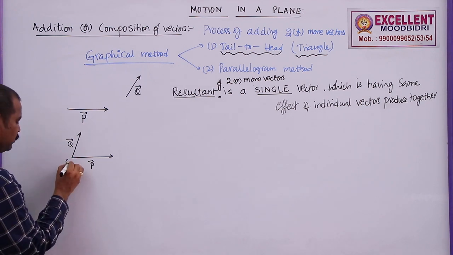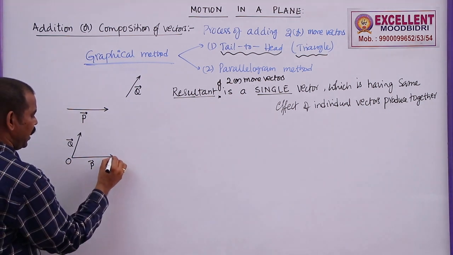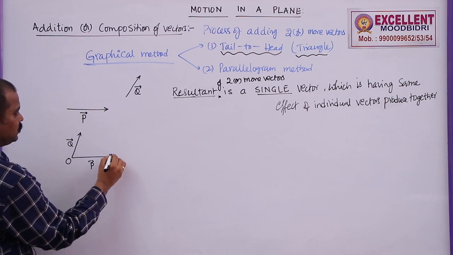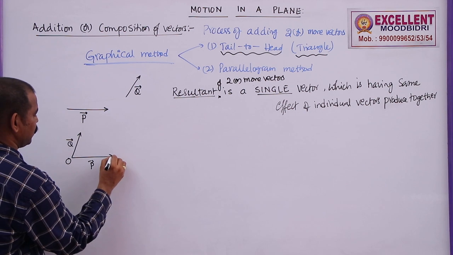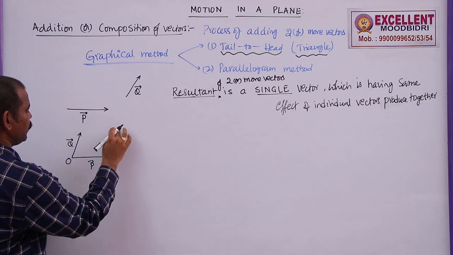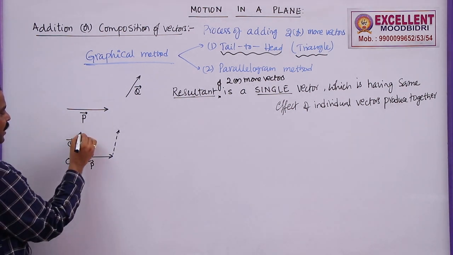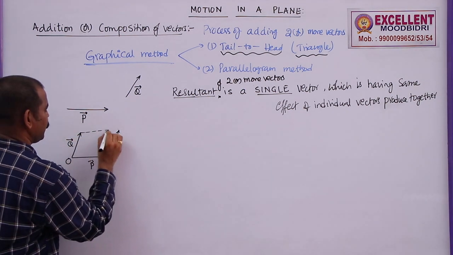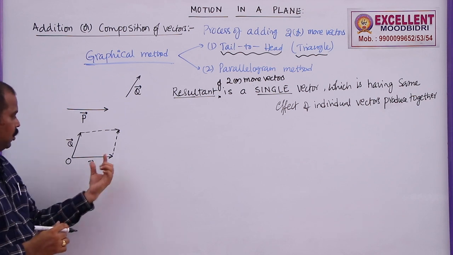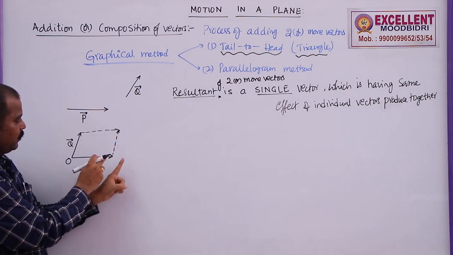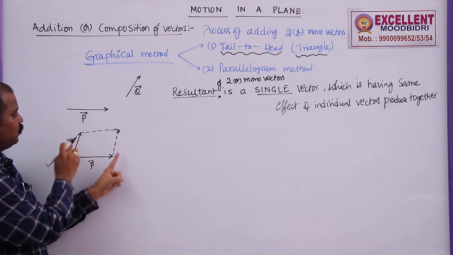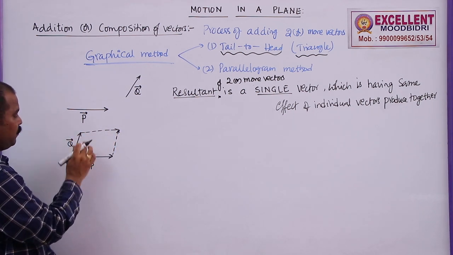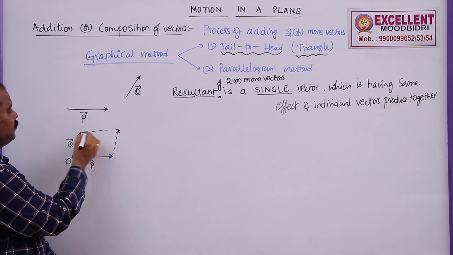Let me take this point as O. Now draw a line from the head of the first vector parallel to Q bar. So this is one line. Similarly, from the head of the second vector, draw a line parallel to the first vector.